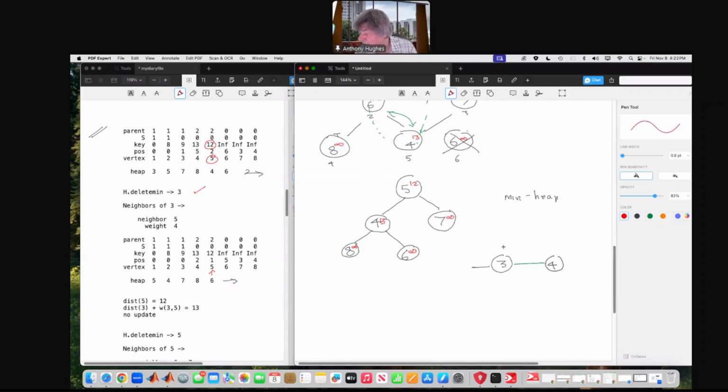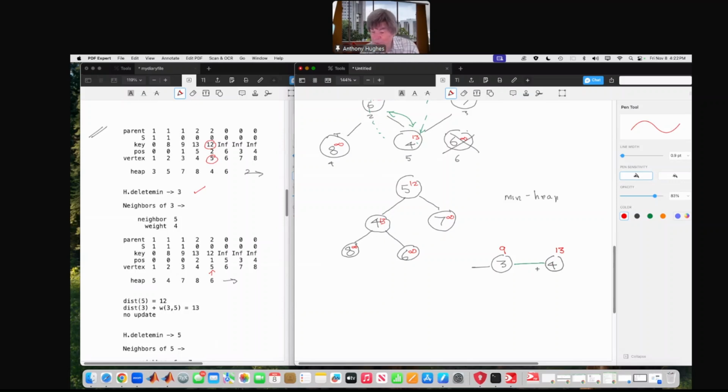So currently this is 9. And the key for node 4 is 13. And so the question is, here's the neighbor 4. If we go through 3 and then add up this distance, 3, 4, do we get a cheaper distance?